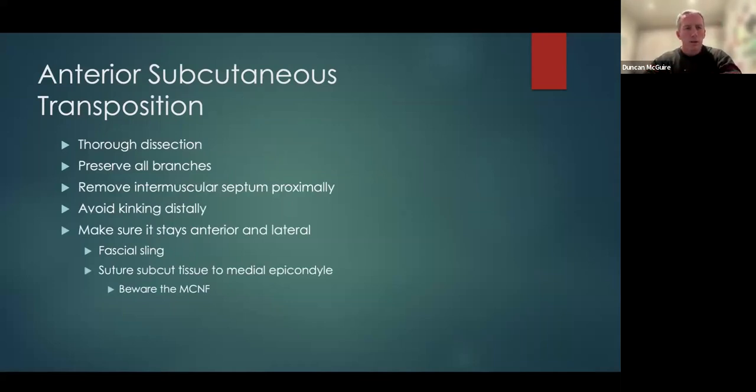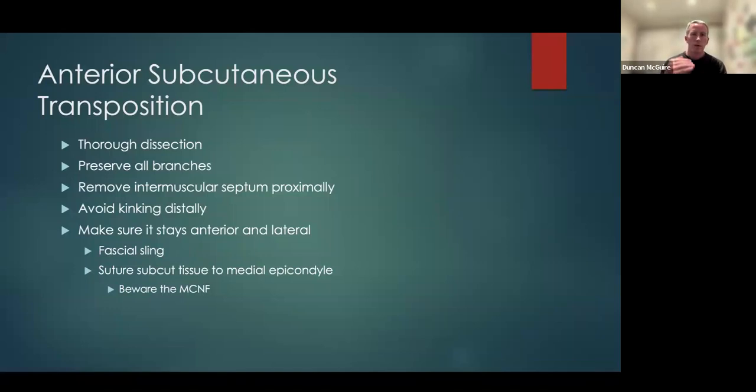So when you do the subcutaneous transposition, you must do a thorough dissection, a bigger cut than if you're just doing an in situ release. You have to release right up until 8 to 10 centimeters proximal to the cubital tunnel. The first branches that come off are the branches to FCU, and they come off the posterior part of the nerve.